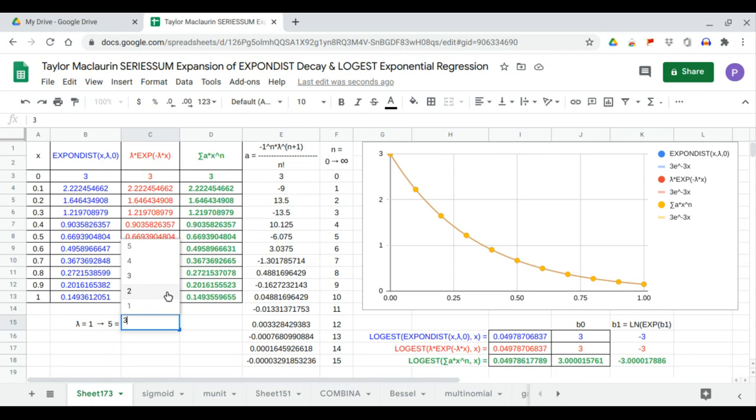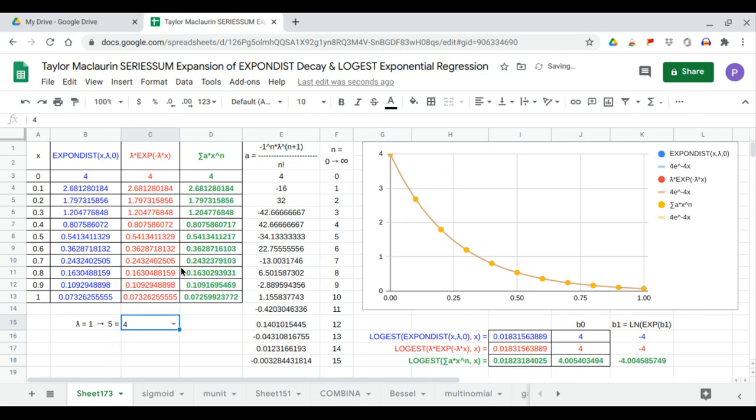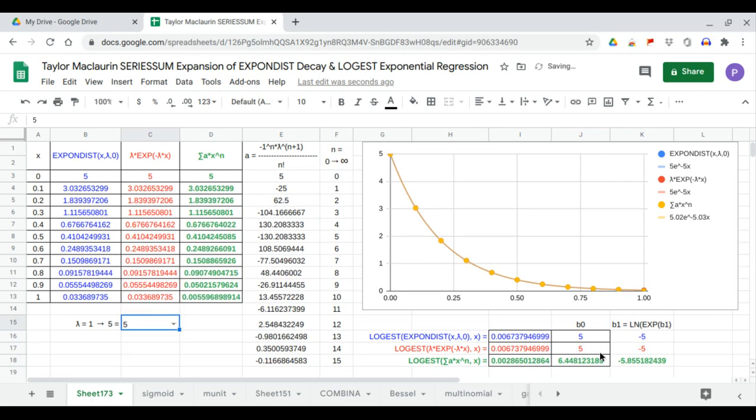At lambda equals 4, the error is now increasing, and our b1 is negative 4, our b0 is 4, and the trend lines are the same. And lambda equals 5. Now we have a big error.